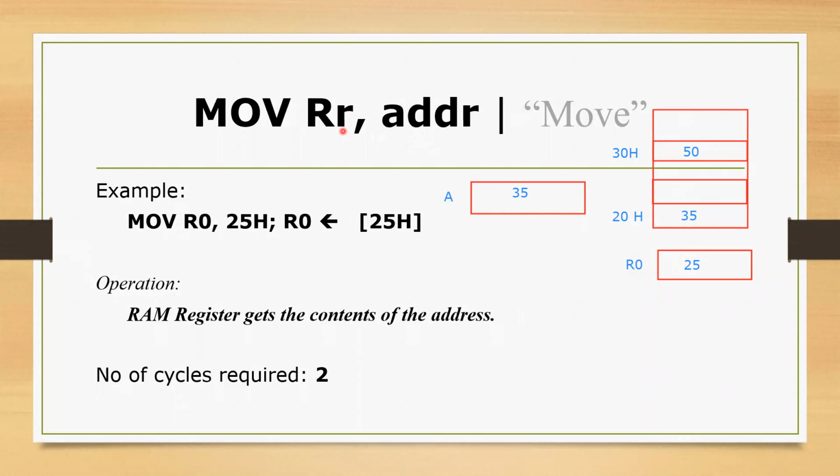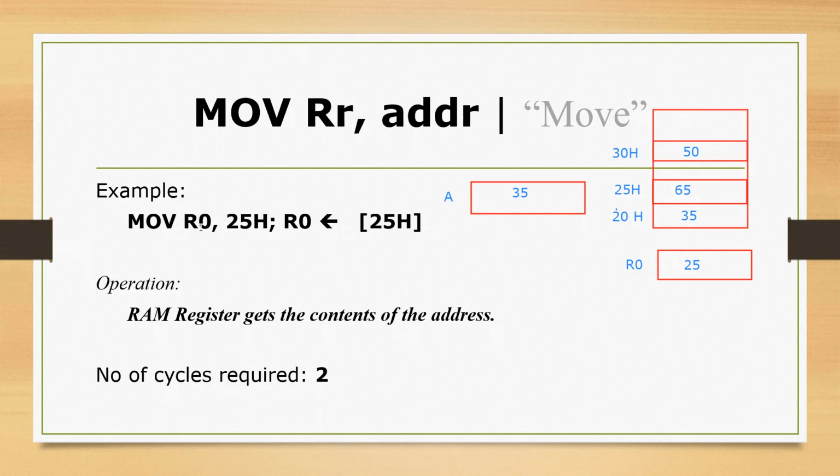So MOV Rn, address. We are copying data from an address location to the Rn register. For example, MOV R0, 25 hex. Here, without the hash, it means it's a memory location, so it is pointing to the memory location 25 hex. Let the 25 hex location contain the value 65.